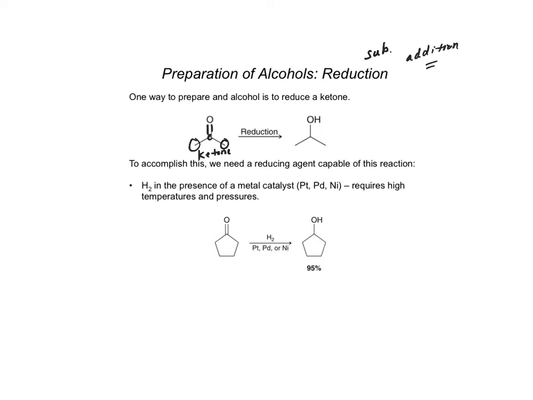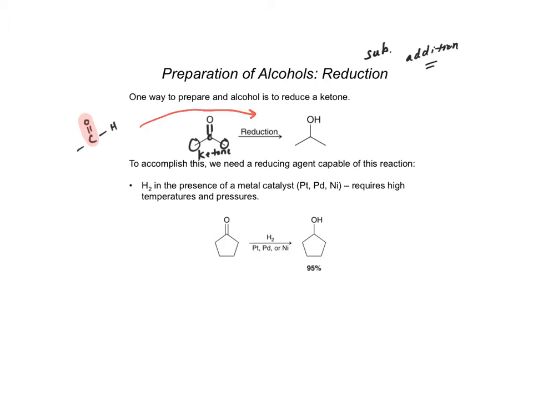This can also come about via the reduction of an aldehyde as well. So we're taking this carbonyl group and reducing it overall to an alcohol, and that's the reaction we're going to be dealing with now.